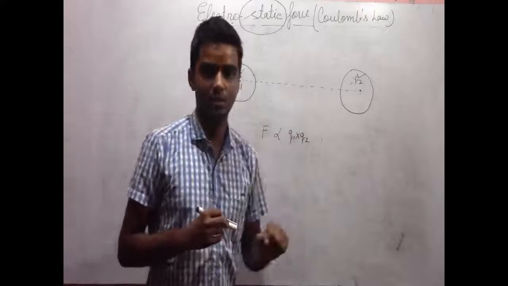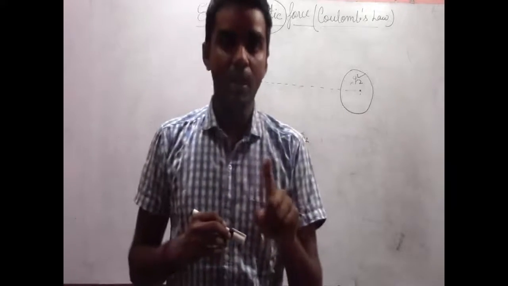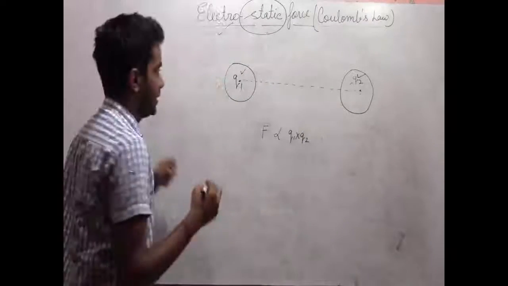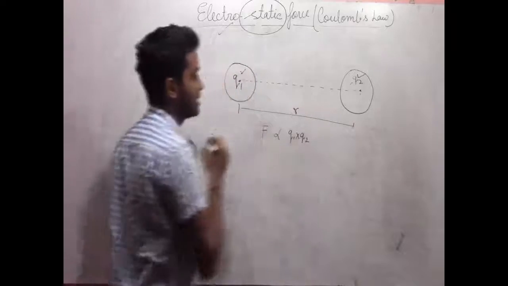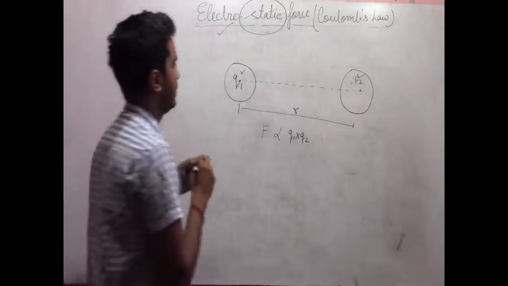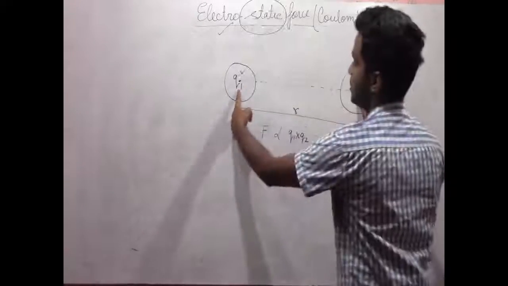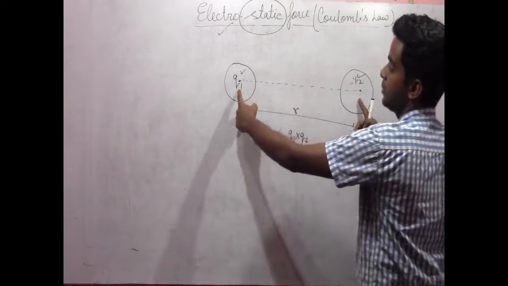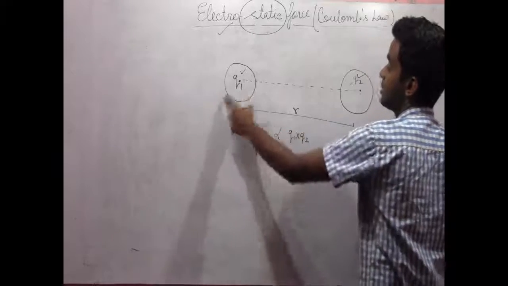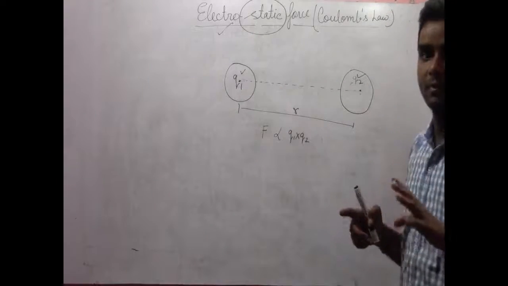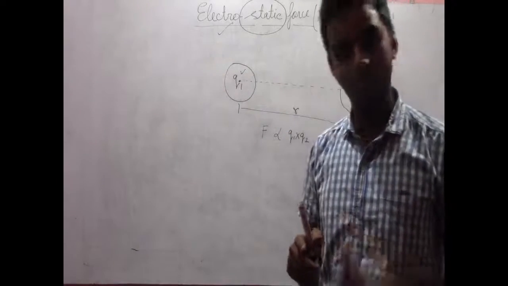This is the first rule. In the second part, he says that as we increase the distance between the charges, you may see that the electrostatic force between the charges decreases.